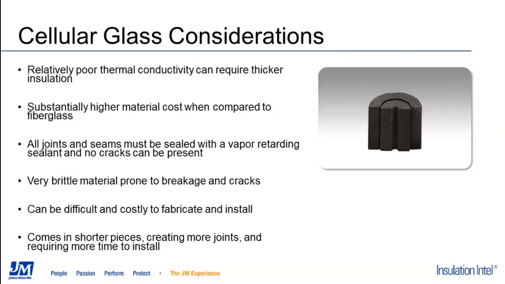Additionally, although the material is zero perm, all the joints and seams must be sealed with a vapor retarding sealant to maintain that quality through the whole system. Cellular glass also requires fabrication and can be crumbly when handling it, making it difficult to fabricate and install. Also, it's made available in shorter pieces relative to the other materials, which means more joints and sections to install and seal. From a material cost standpoint, cellular glass is relatively the highest of all the materials that we're looking at.